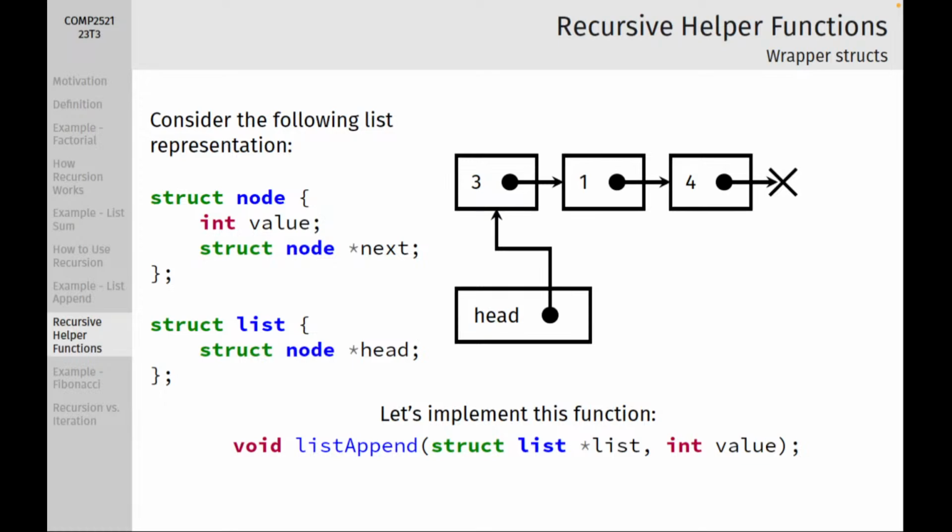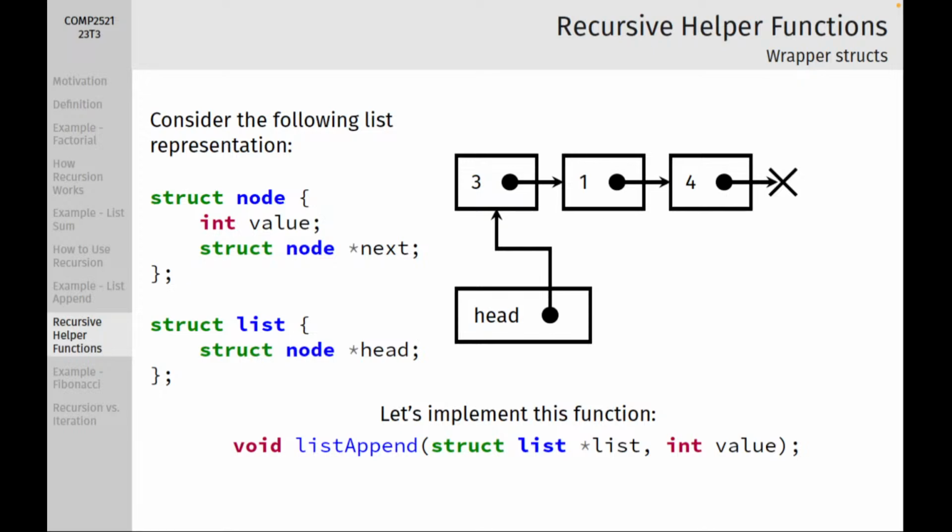All right, so on Monday, what did we talk about? Well, we started talking about recursion, right? Recursion is a problem-solving strategy where you solve a problem by solving smaller versions of the same problem. We went through some examples like factorial. We talked about how to do recursion with linked lists, with list sum and appending to the end of a list.